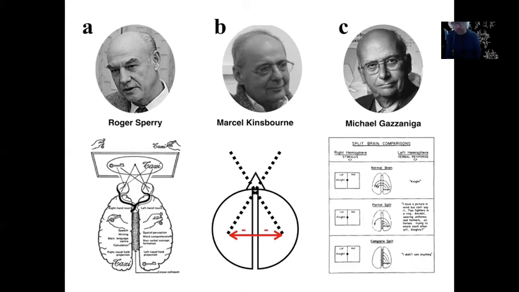So we try to answer this question by exploring functional lateralization and its relationship with the strength of connection of the corpus callosum. And the first thing we had to do is create a map of functional lateralization that is as comprehensive as possible.